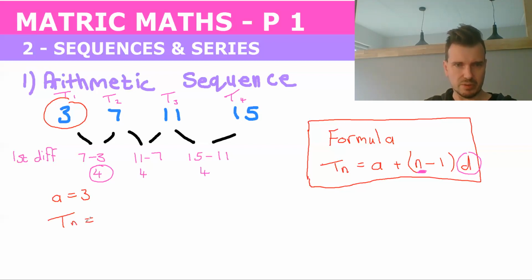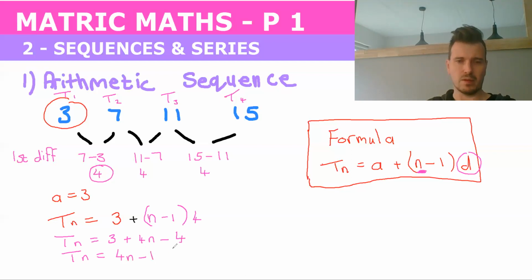So Tn equals 3 plus n minus 1 d, which is 4. And then you now have the sequence.